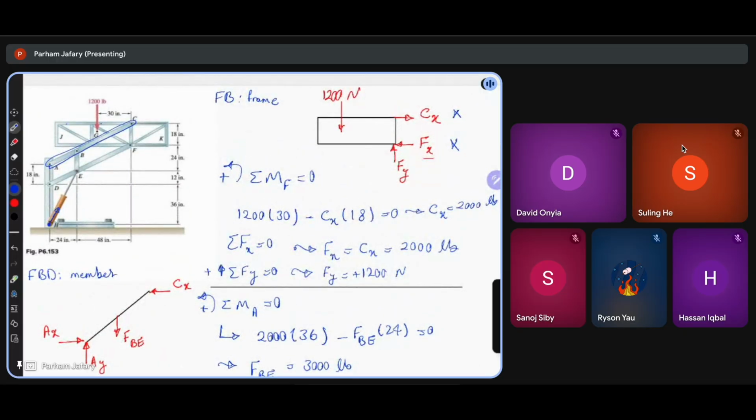So if I want to find the forces at point H, which elements should I isolate and draw the free body diagram of? Anyone?